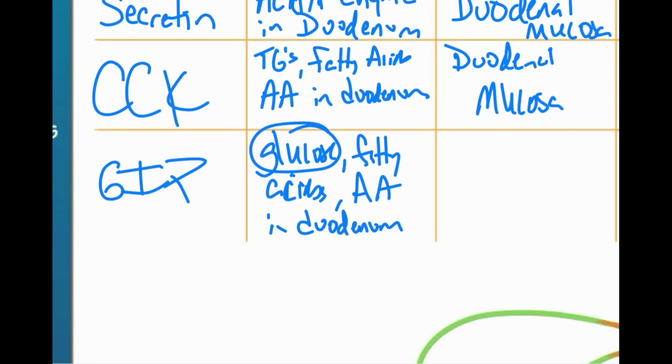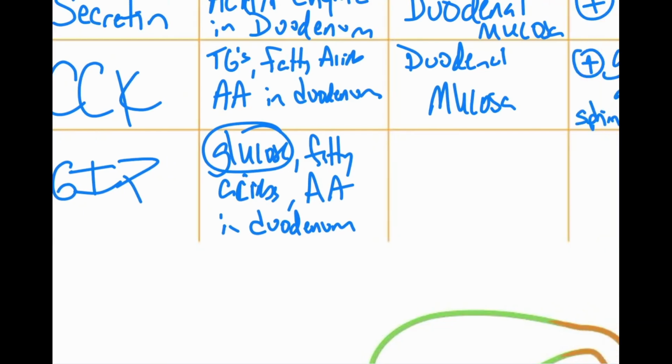GIP gets your insulin raised in your bloodstream, ready to go for that glucose you're about to eat. Diabetics will artificially give themselves the insulin based off of the amount of glucose they're eating in their food, because their pancreas isn't working to do that for them.